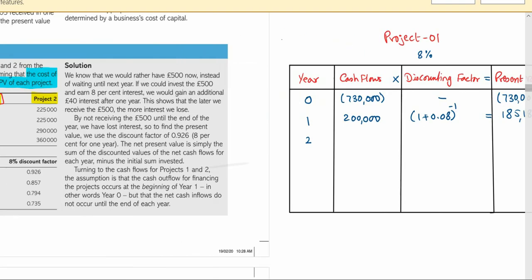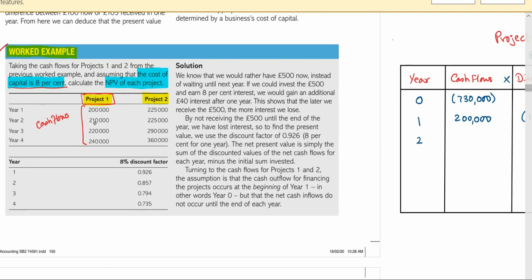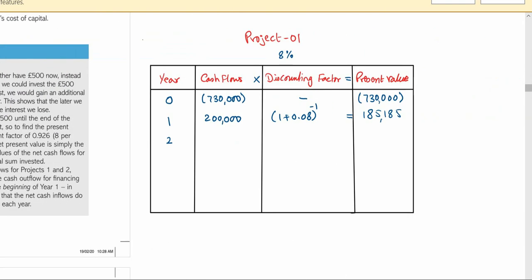Okay, for year 2, the cash flow is 210,000. The discounting factor will be 1 plus 0.08. Now it will be discounted from year 2 to 0, for 2 years, so power minus 2.